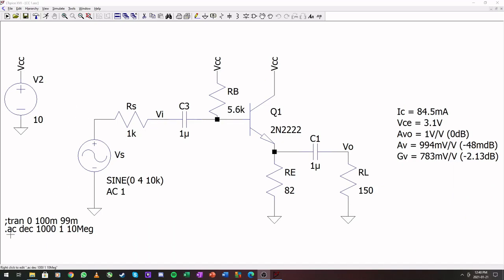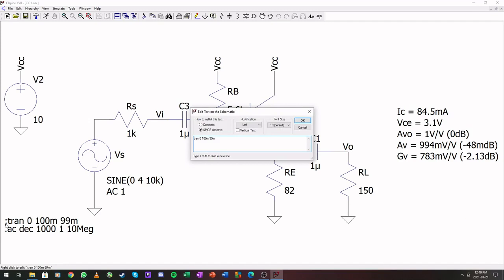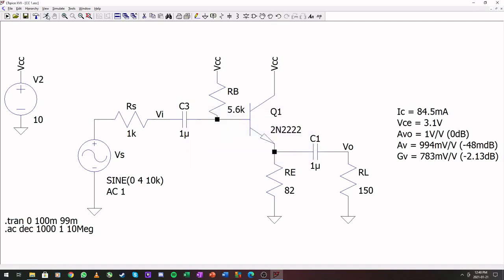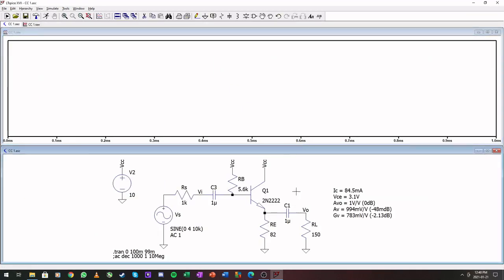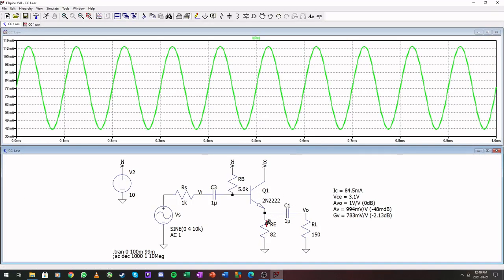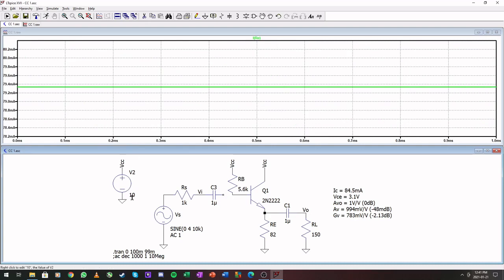So here is our first simulation. I'm first going to show the transient analysis. So here we have our collector current, and this is closer to 80 milliamps, where we did it in the analysis.